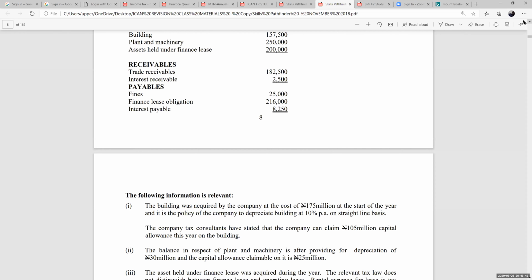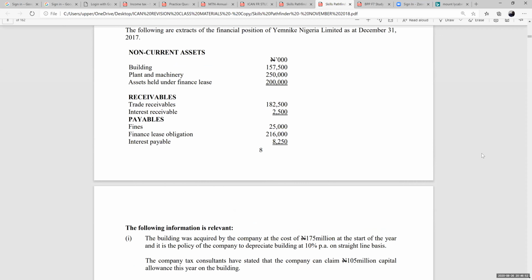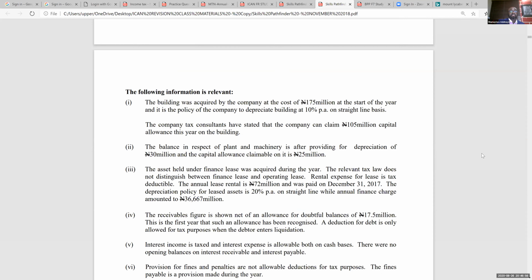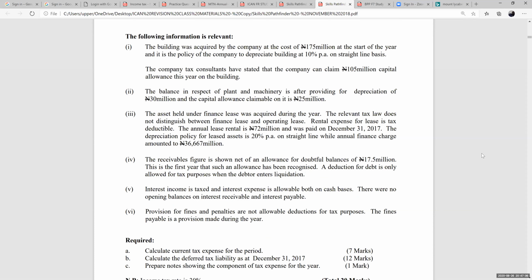The following information is relevant. The building was acquired by the company at a cost of 175 million at the start of the year.